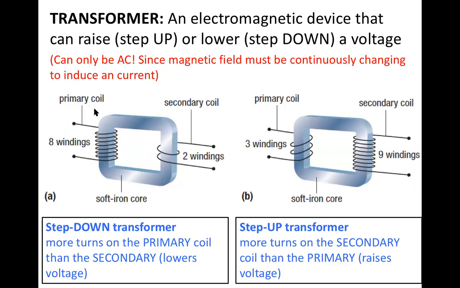So it's kind of easy to remember that the voltage goes down and the number of loops goes down, and it's called step down transformer. And then the voltage goes up when you have a higher number of loops on the second one. So the number of loops goes up, the voltage goes up on the second one. So that's a step up transformer.